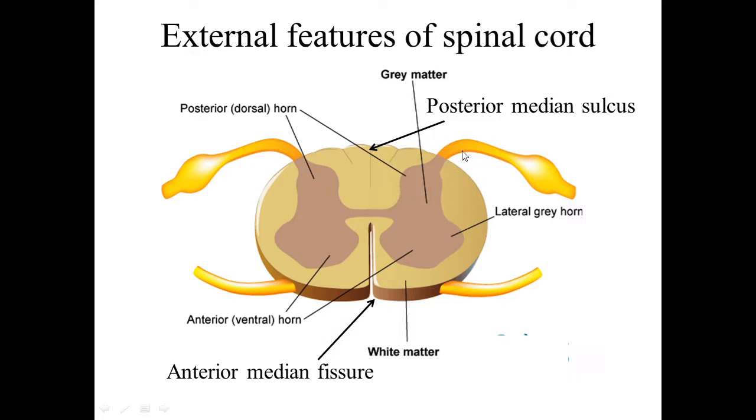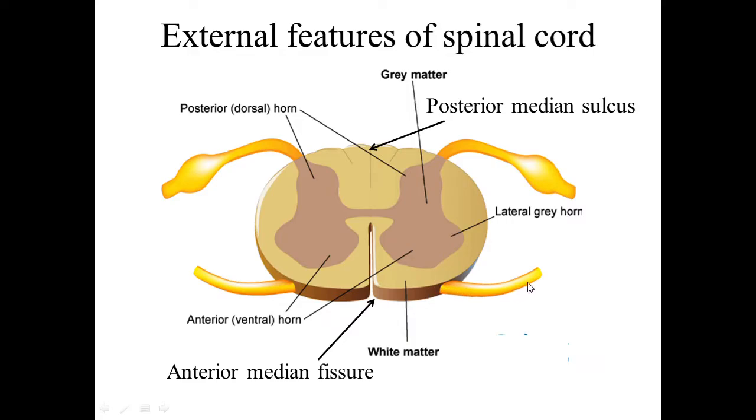Now each half of the spinal cord is divided into three parts: the anterior part, the lateral part and the posterior part. There is a very faint groove called the anterolateral sulcus, where the ventral root of the spinal nerve is attached.